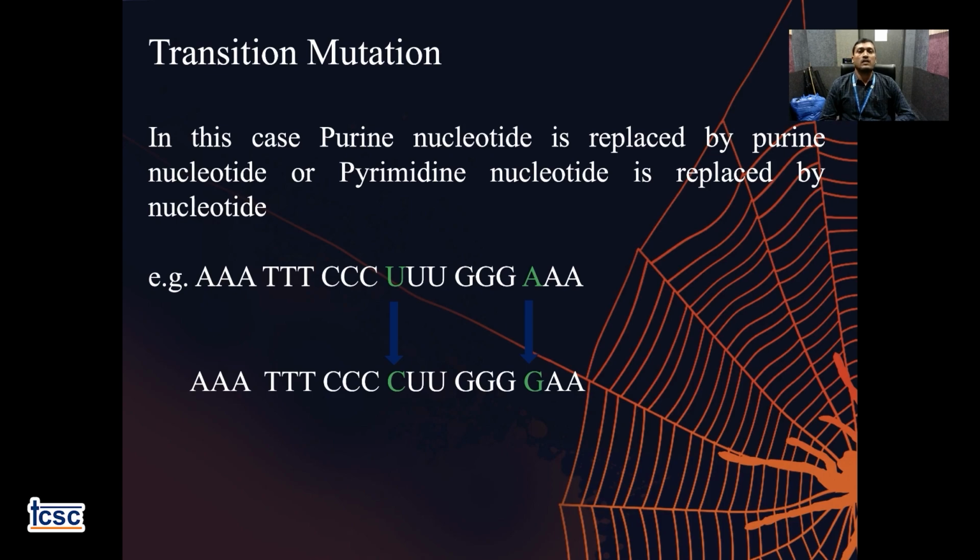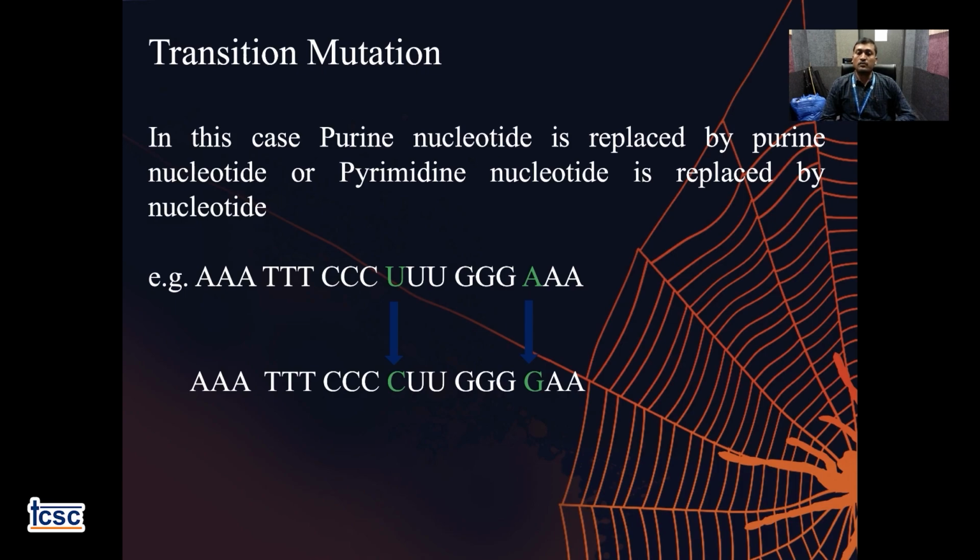Nucleotides are categorized into two types: purine and pyrimidine. There are 5 nucleotides: adenine, thymine, cytosine, guanine and uracil.